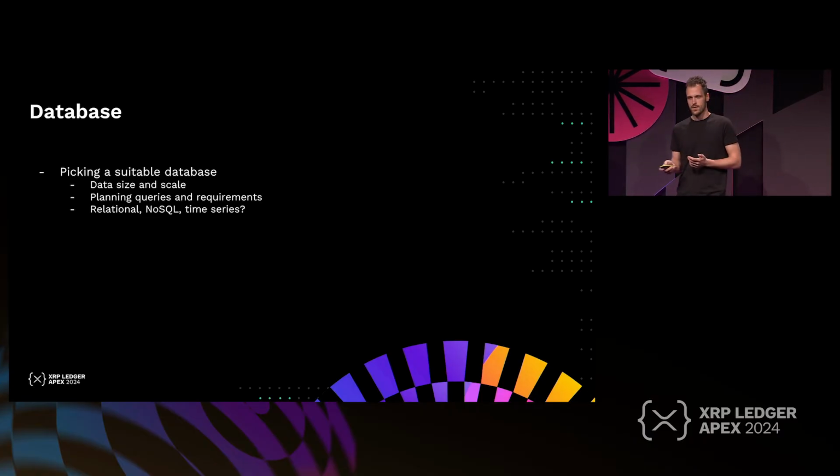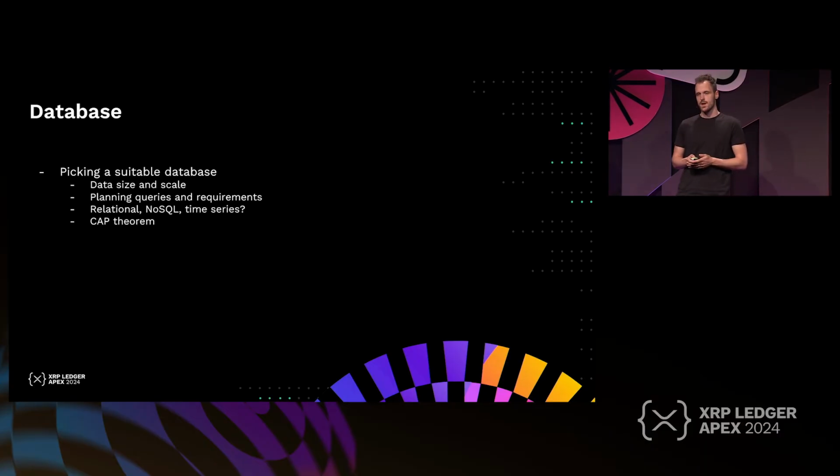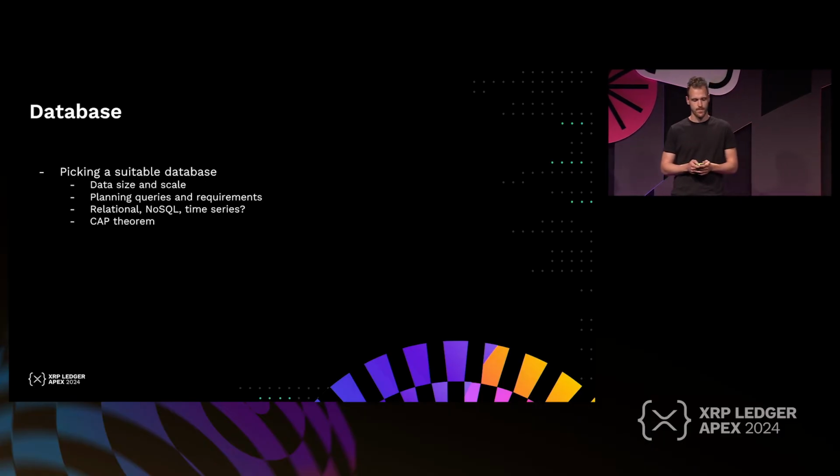They all have their own strong points and weaknesses. Ultimately, we also come across the CAP theorem when deciding on the database. CAP stands for consistency, availability, and partition tolerance. And the theorem states that in a distributed system, you can only guarantee two out of these 3 points.